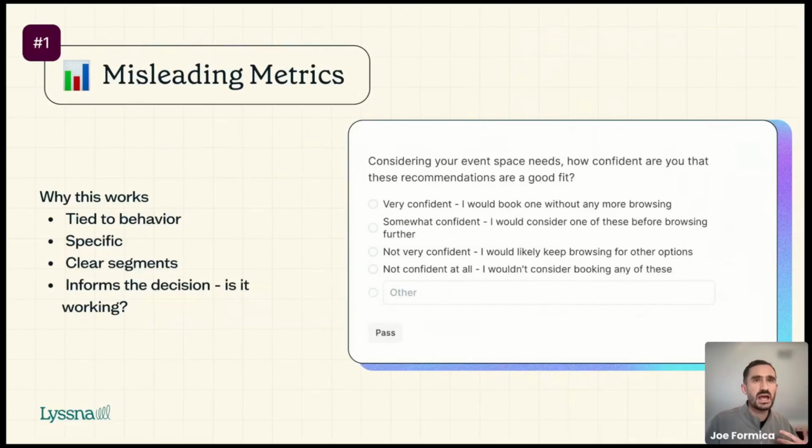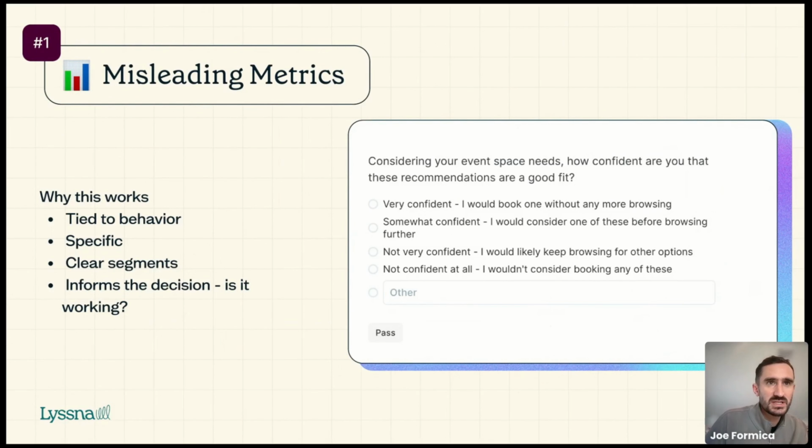Does it set me up to ask follow-up questions, to make a decision, to evaluate how well this is working? If the answer is yes, keep it. But if not, consider rewording it or changing that question type to something that is going to pinpoint their actual feedback and reaction and emotions towards it, rather than just relying on that cold hard number.